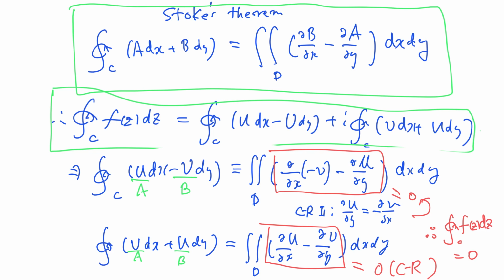Therefore, it's analytic. Then this cross integral is 0 because of the Stokes theorem. So we need to show whether the Stokes theorem is true.